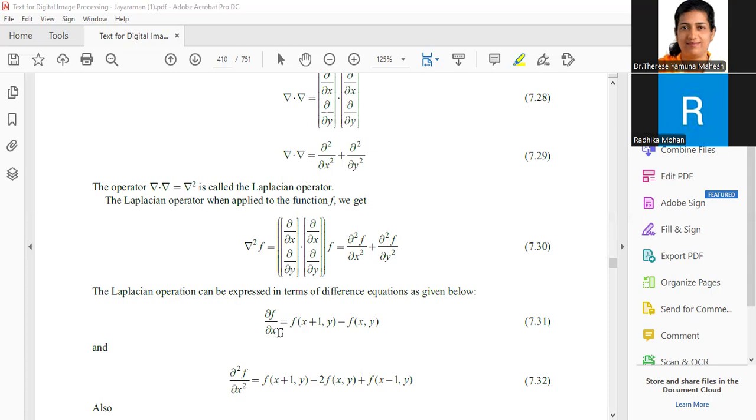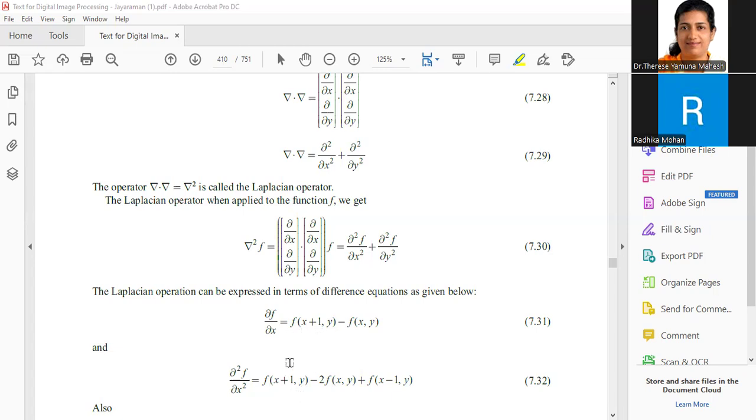Now, if you have to take dou squared f by dou x squared, you have to take the derivative of this one and also the derivative of this one. Derivative of this one will be the same as f of x plus 1 comma y. And what will be the derivative of f of x plus 1 comma y? It is with respect to x. So from x, if you travel 1 pixel, it will be x plus 1, and if you travel 1 pixel back, it will be x. So it can be f of x plus 1 minus f of x.